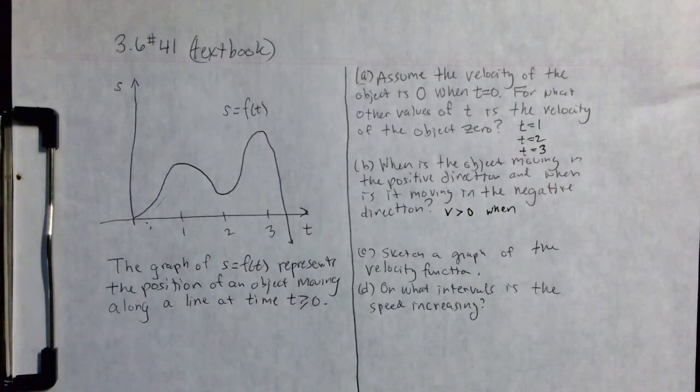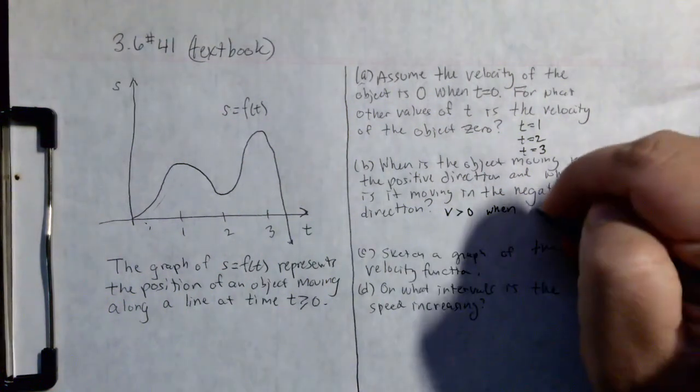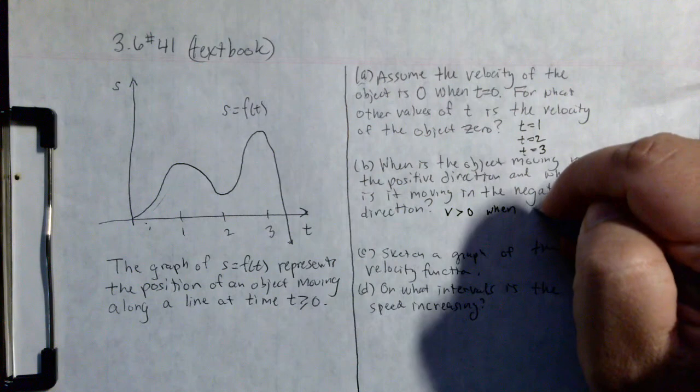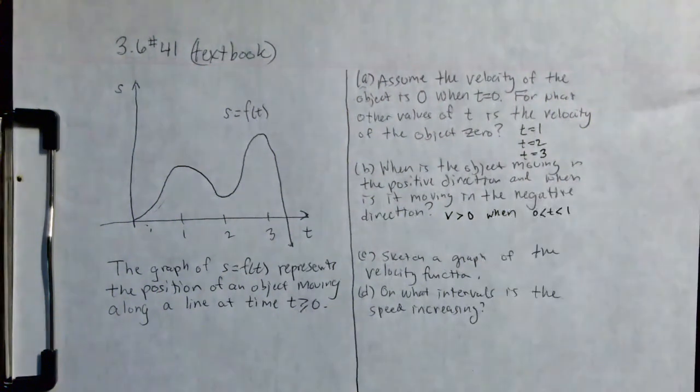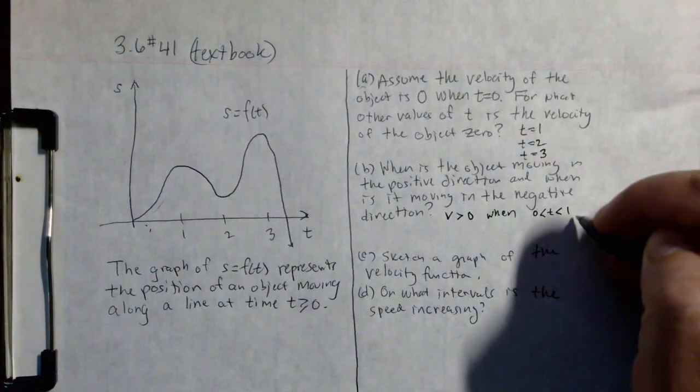When it would have a positive slope for its tangent line. So that's going to be from 0 to 1, and also from 2 to 3.